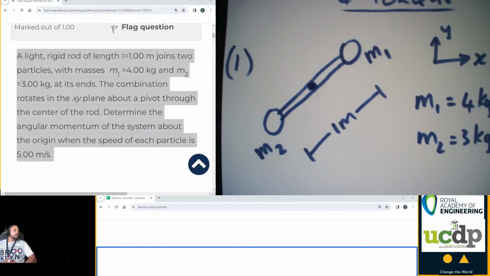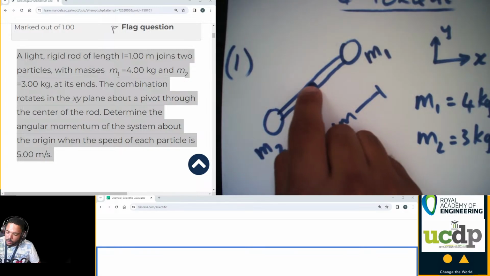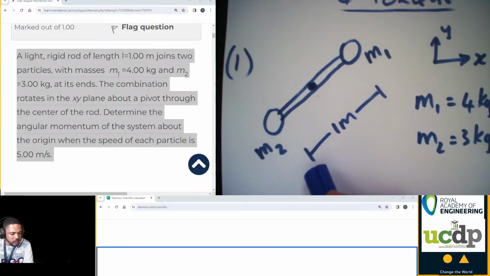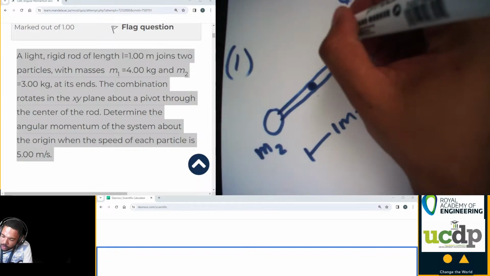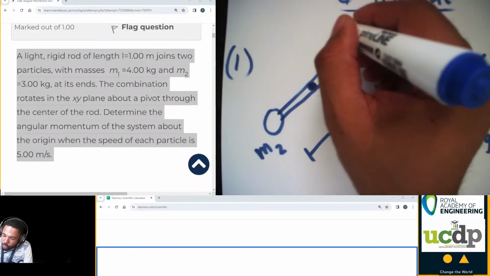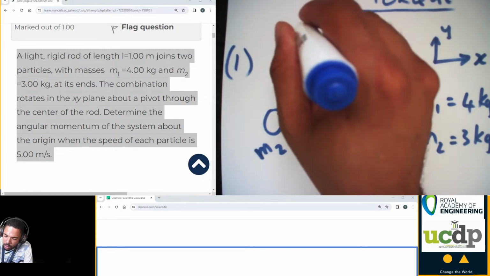They are asking us to determine the angular momentum of the system about the origin. The speed of each particle is 5 meters per second. So if you are rotating this, it's going to start moving in a circle.